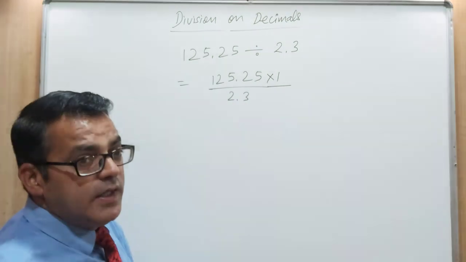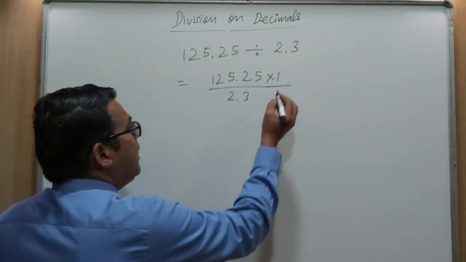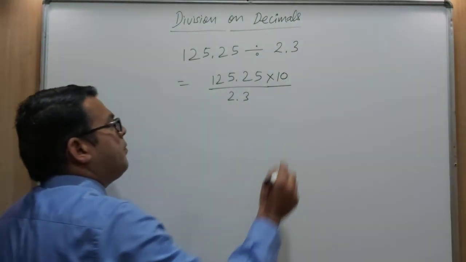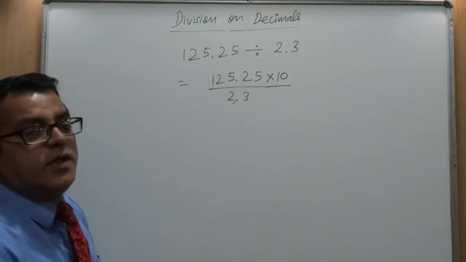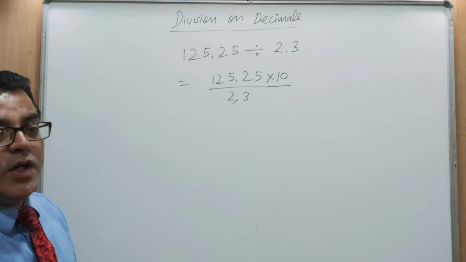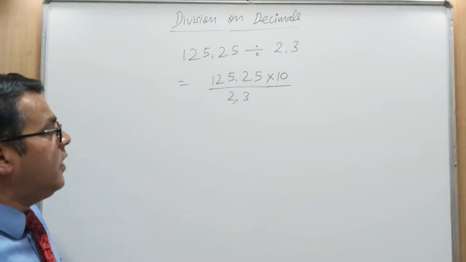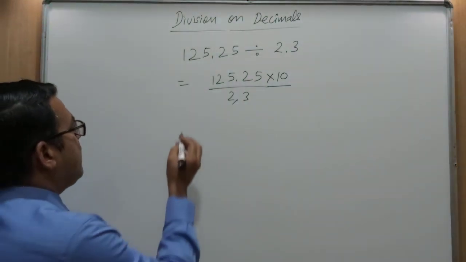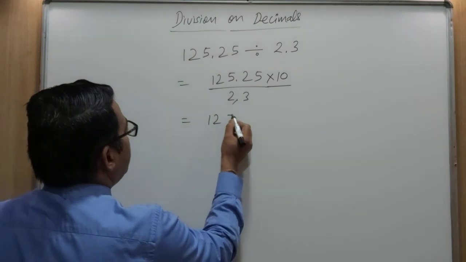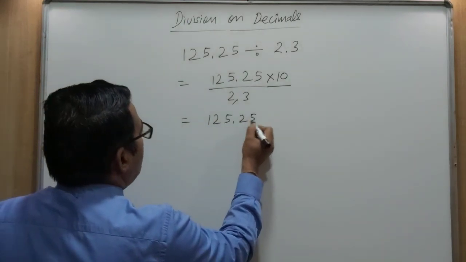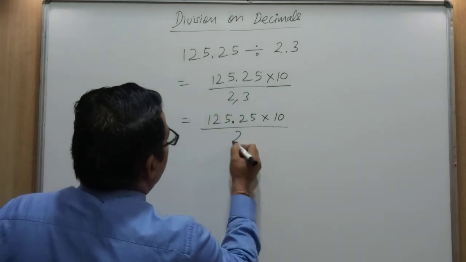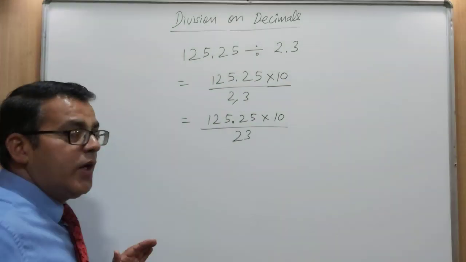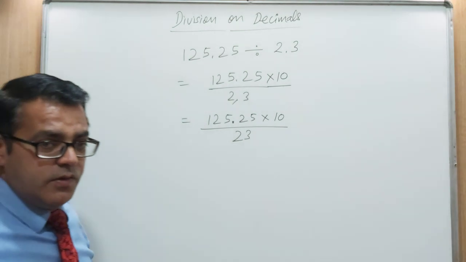Here we have 3, which means only one digit, so we can multiply the opposite side by 10 and remove this decimal point. This is very important. Now it becomes 125.25 multiplied by 10 and divided by 23, since we have already removed the decimal point.